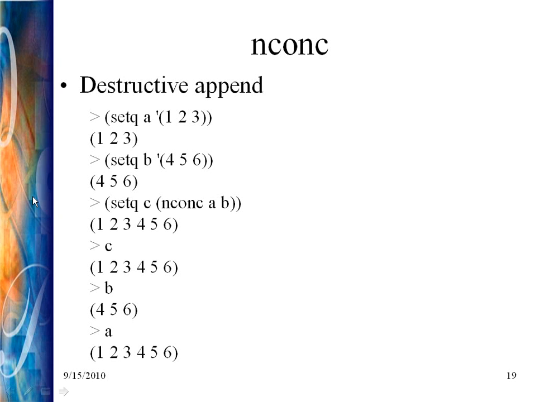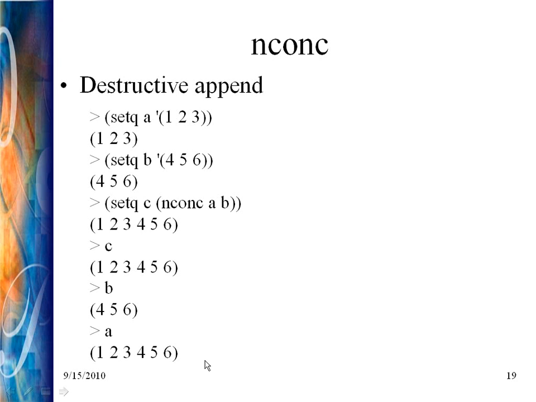So here we have the list 1, 2, 3 as the value of A, 4, 5, 6 as the value of B, and C is nconc A and B. It's 1, 2, 3, 4, 5, 6. And B is unchanged, but notice that A is also changed to 1, 2, 3, 4, 5, 6.